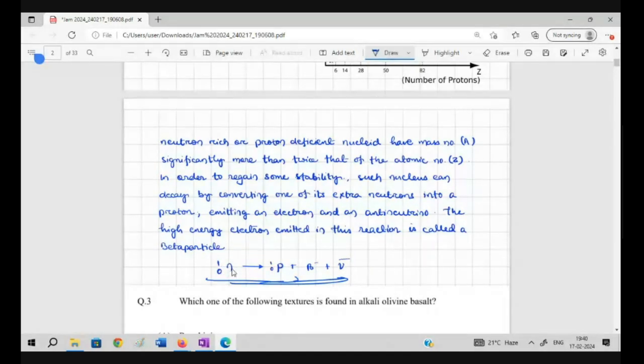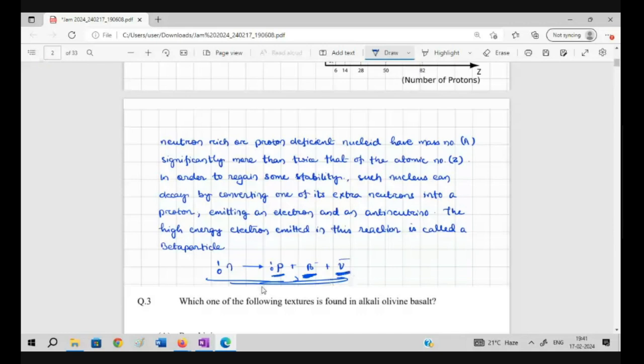When the neutron decays, it breaks into a proton and a high speed electron. This high speed electron is itself called the beta minus particle, or negatron particle, because electron has a negative charge. Also an anti-neutrino is released here.